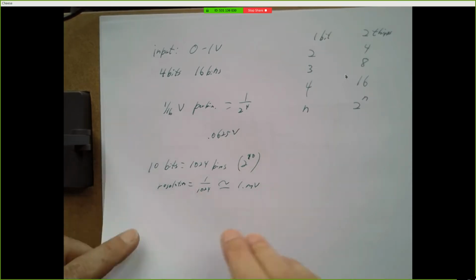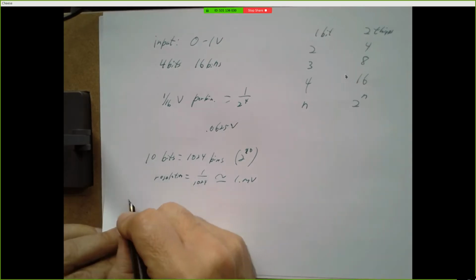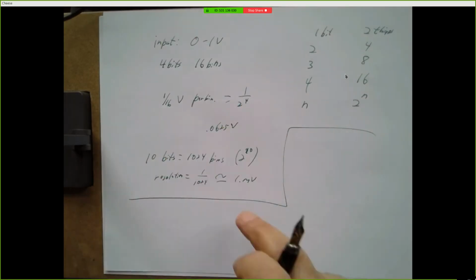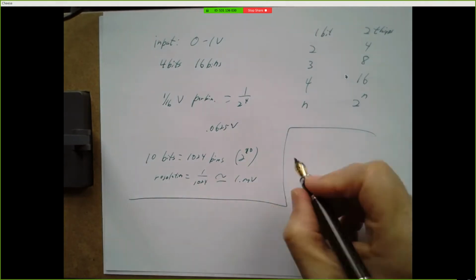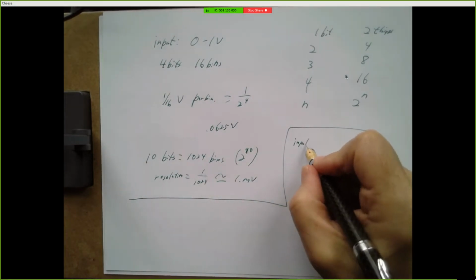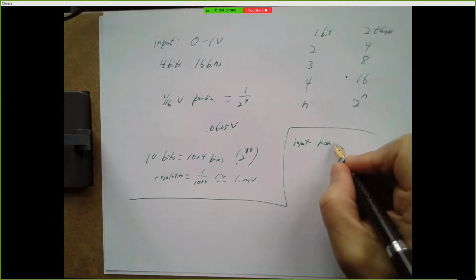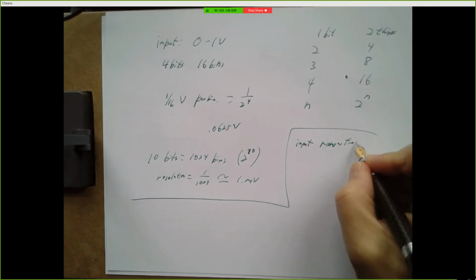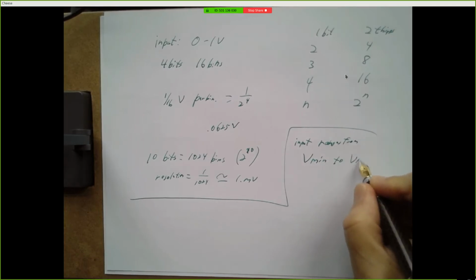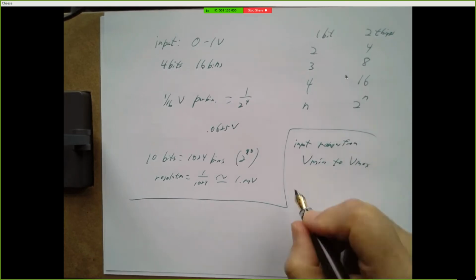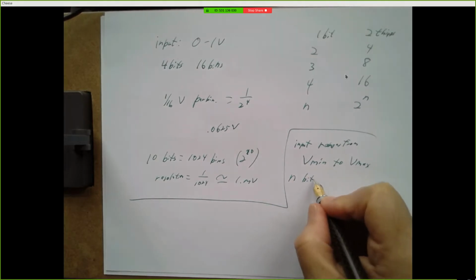All right, so the absolute general formula, right, this was all for input range from 0 to 1 volt. So here's the more general case. Input ranges from voltage minimum to voltage maximum, and you have n bits.